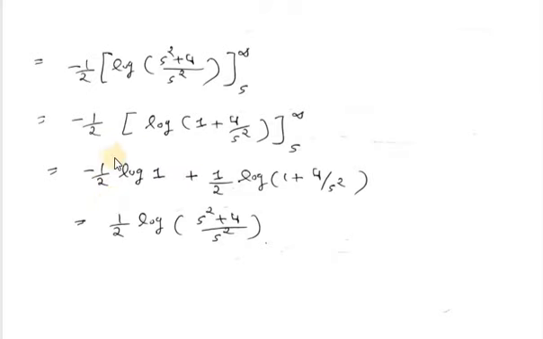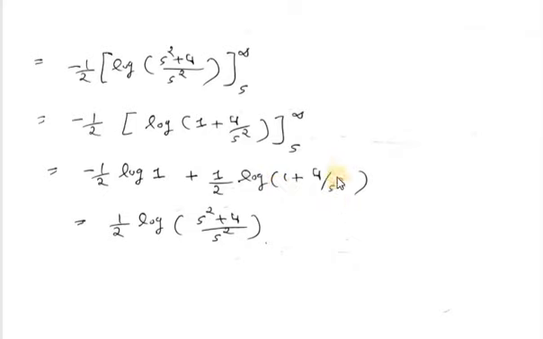Then, multiplying the minus sign by minus 1 by 2, it becomes plus 1 by 2, and for the lower limit you replace s by s, so it becomes the same function, logarithm of 1 plus 4 by s square. Now log 1 is 0, right? So half into logarithm of 1 plus 4 by s square.